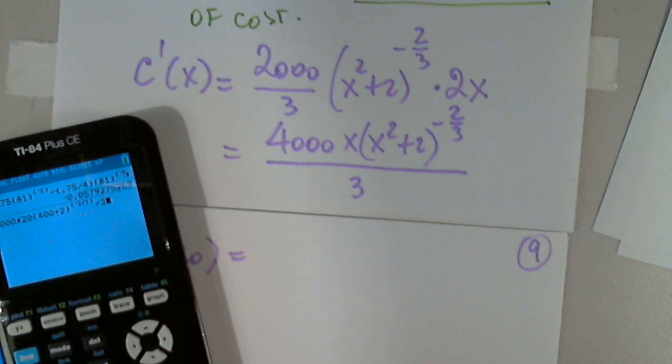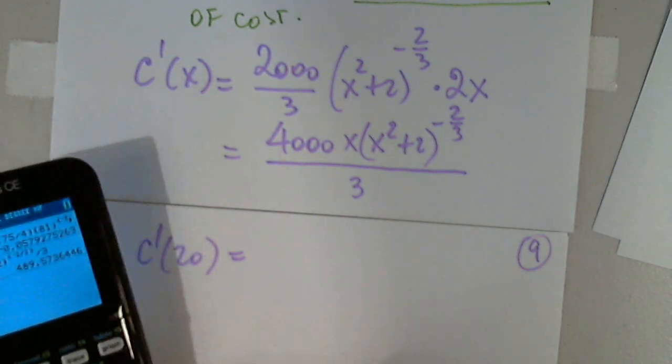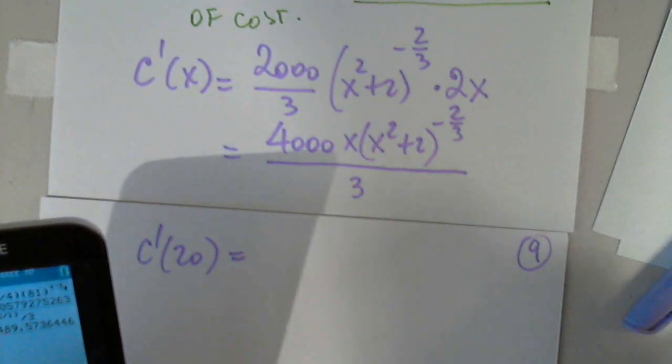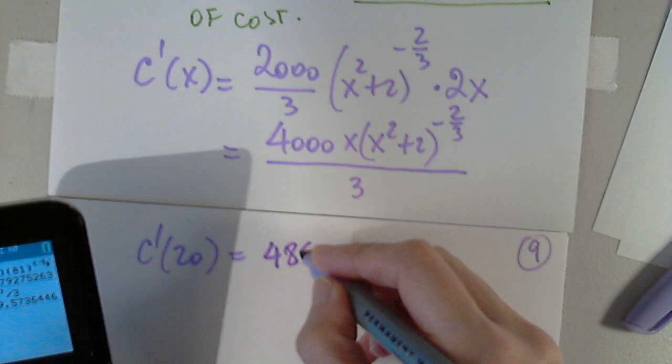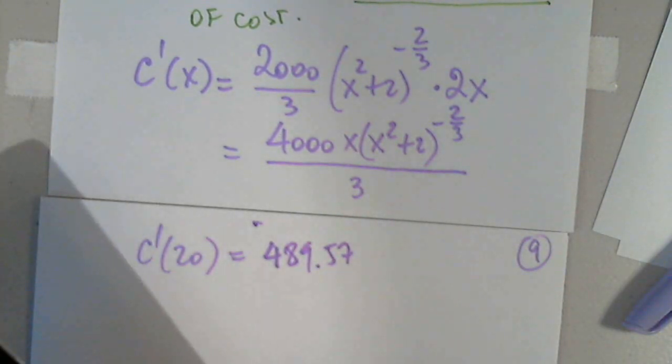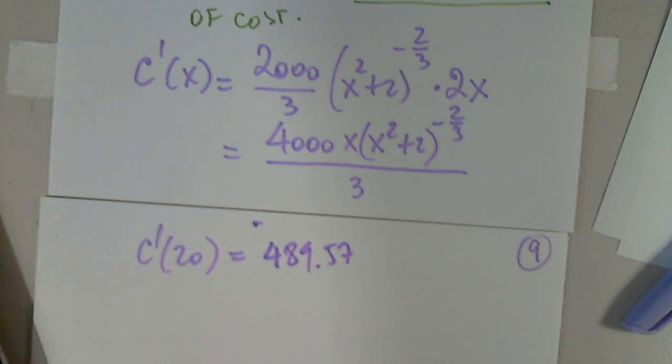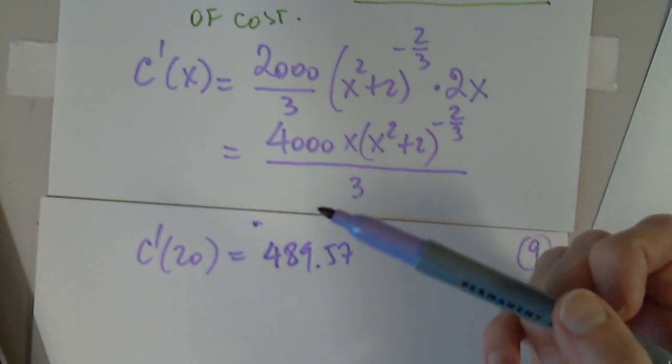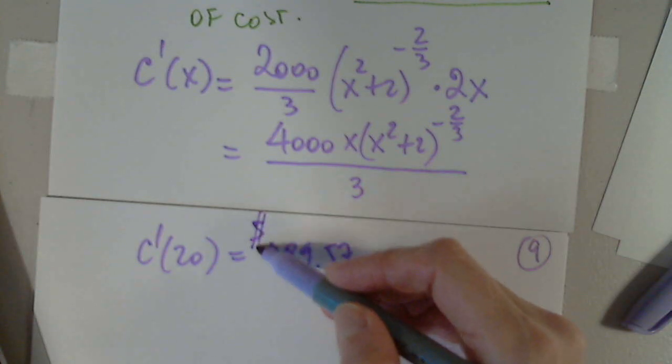And press enter. So I got 489.57. And tell me what is the measurement unit for this? The rate of change of dollars per unit.